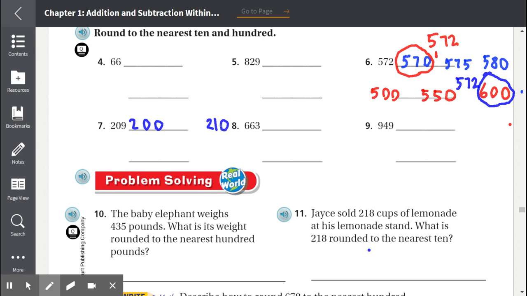Now let's find a number that is right in the middle of 200 and 210. The number that's right in the middle of 200 and 210 is 205.